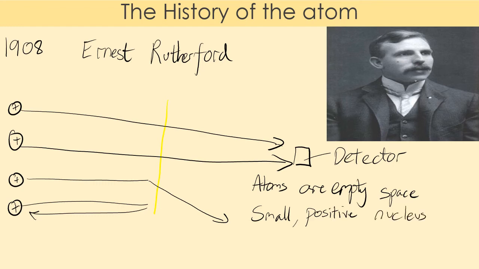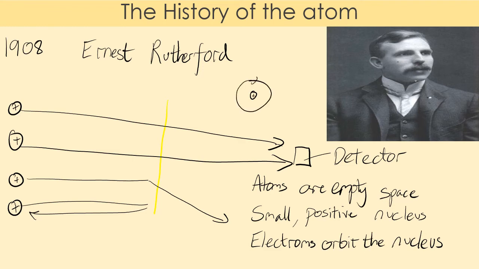And they have electrons which orbit the nucleus. We call this our nuclear model. So we have a positive nucleus and we had the electrons going around the outside. And he was pretty happy with this.